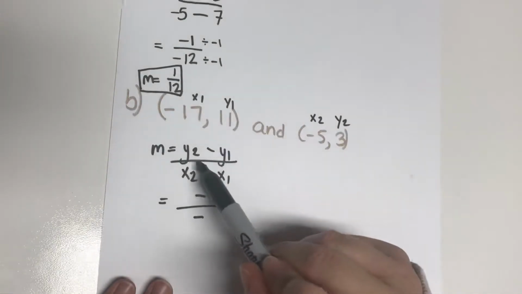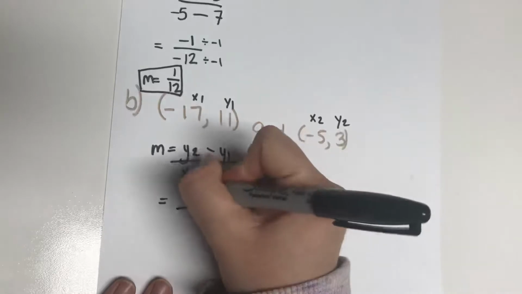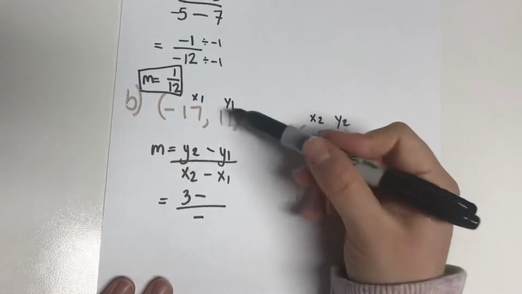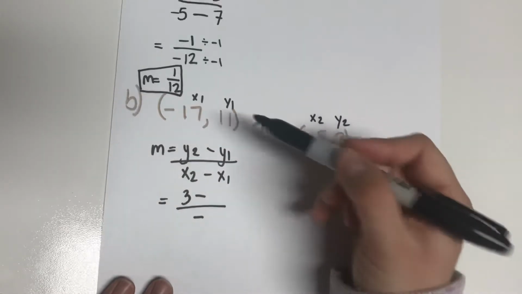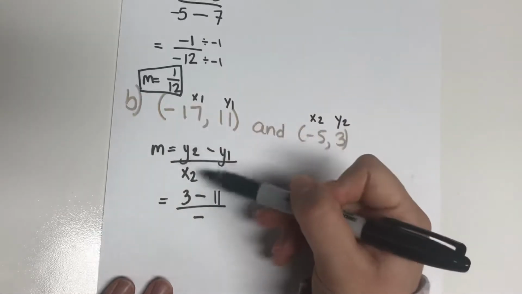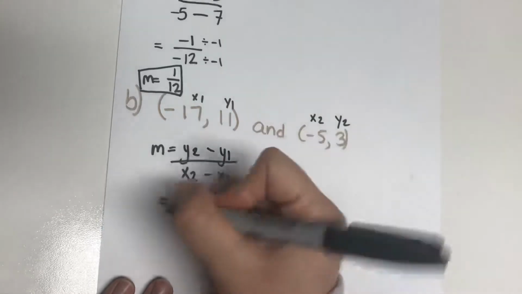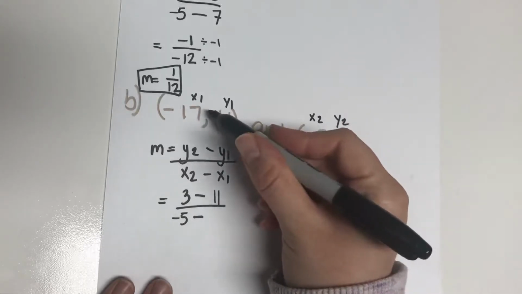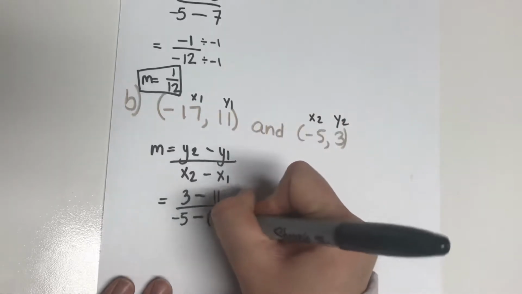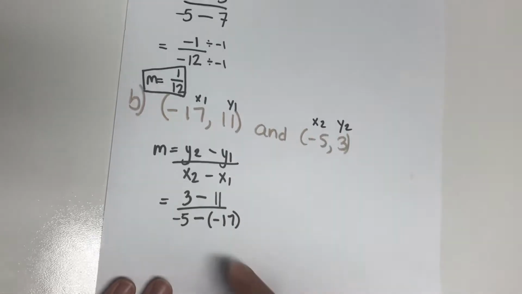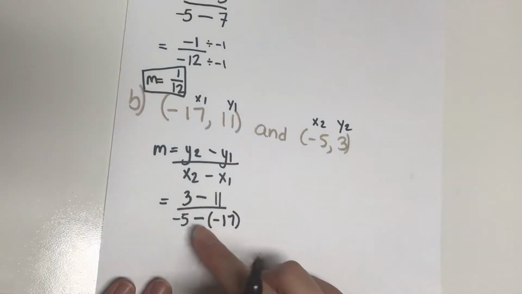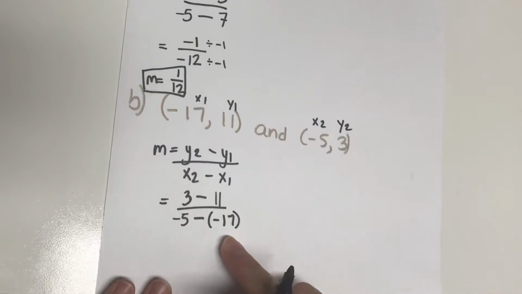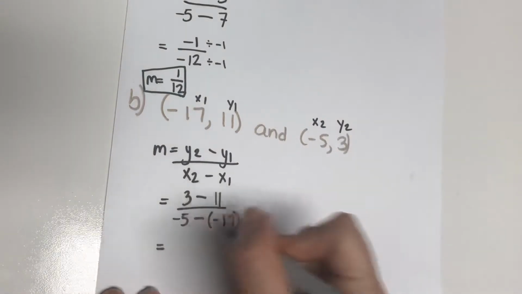So y2 was 3, y1 was 11, x2 is negative 5, and x1 is negative 17. And this is why it's good to have that negative sign there, because now it's going to be negative 17.